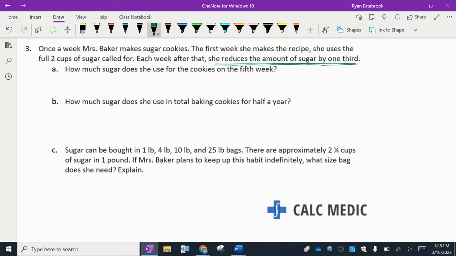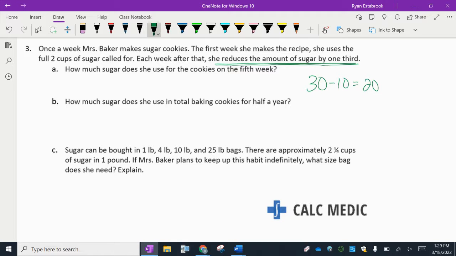So for example, if you have 30 of something and you reduce it by 1/3, how many do you have? Reduced by 1/3, you end up with 20. What is 1/3 of 30? 10. So 30 reduced by, subtracted by 1/3 of that gives you 20. So that is reducing it by 1/3.